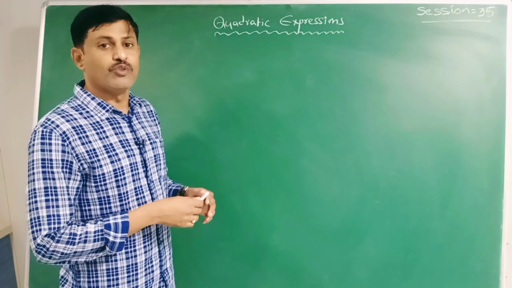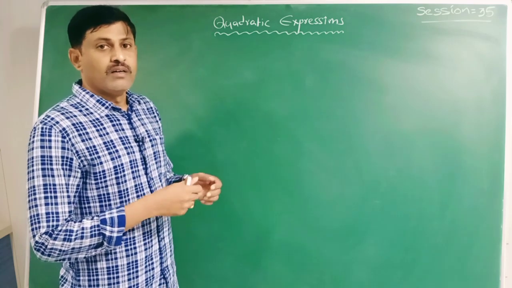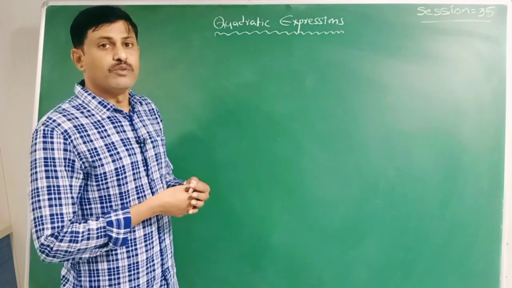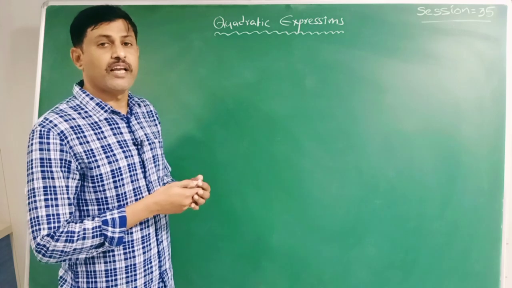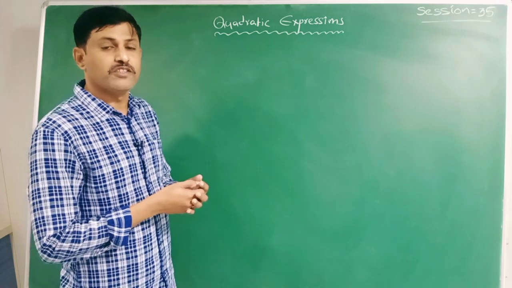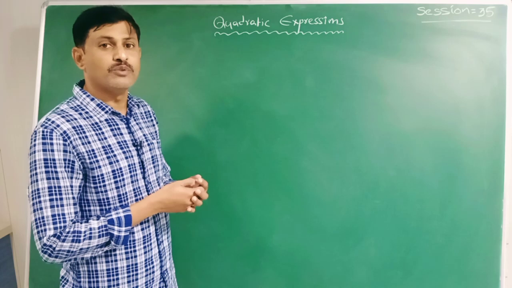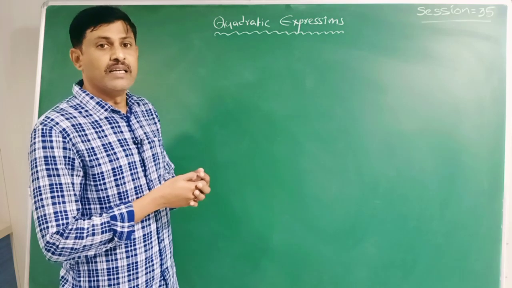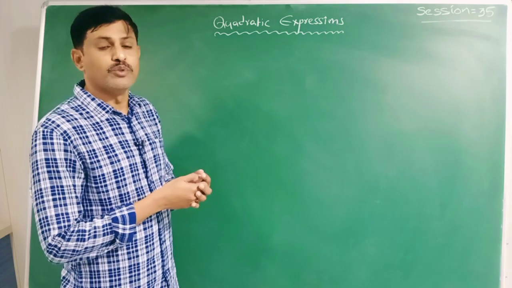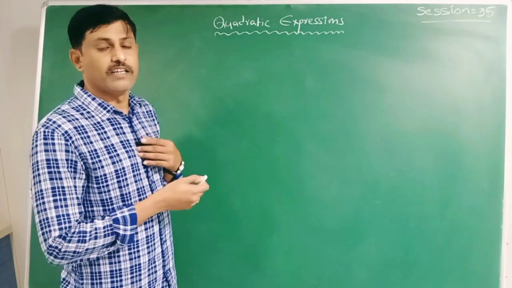Today we are going to discuss the properties of roots of quadratic equation ax square plus bx plus c is equal to 0, and common roots as well as equal or same roots of a quadratic equation.